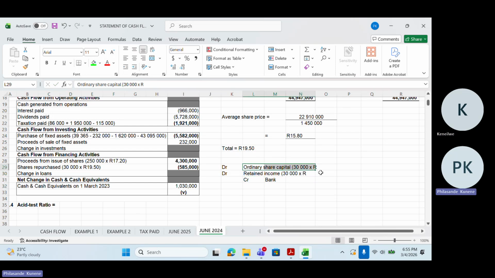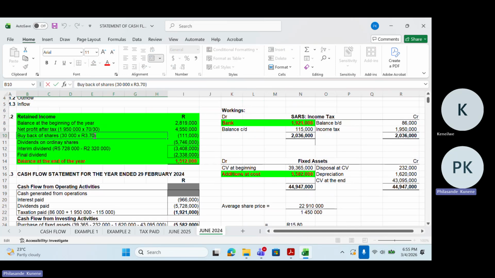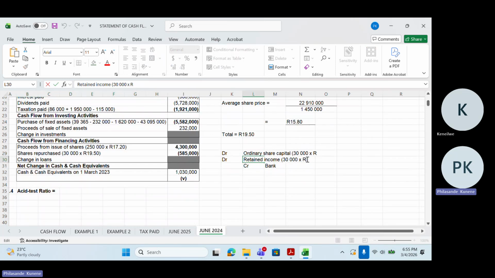And then retained income, we're using the extra amount, which we've already calculated. We said 30,000 multiplied by 370, and then we got 111,000 rand. That is debit.